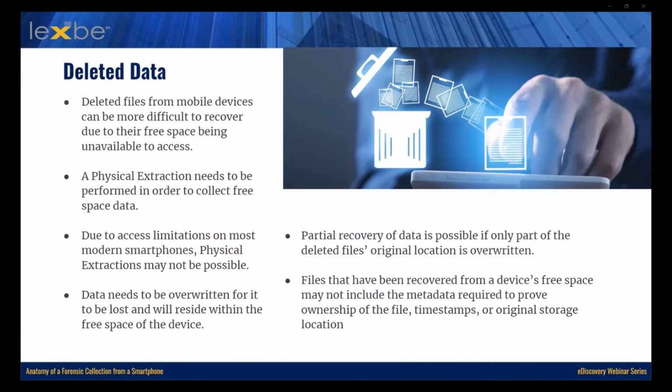Data needs to be overwritten on the device for it to actually be lost. So the sooner a collection is performed on the device, the better, to make sure that data isn't being overwritten. And of course, partial recovery of data is possible if only part of the deleted file's original location is overwritten.